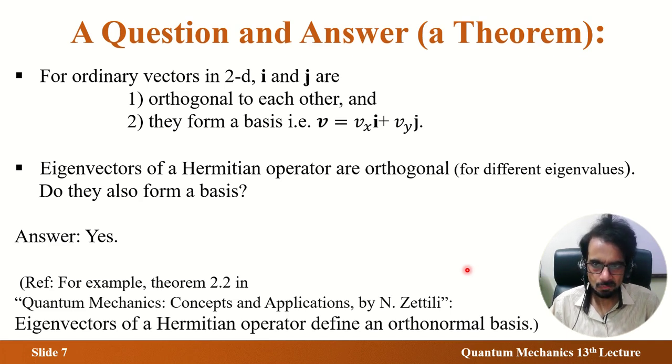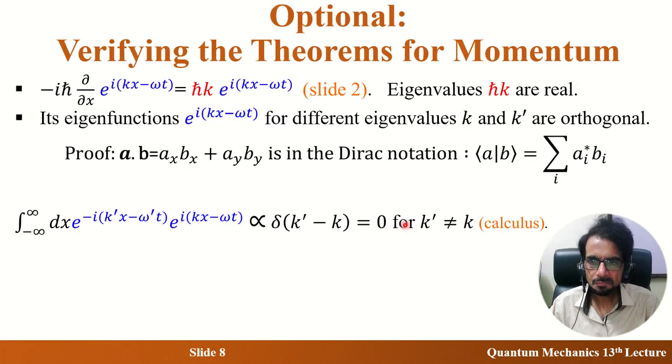Now I have only one slide remaining before the conclusion, and in that slide I apply the three theorems taught in this lecture to momentum, so that the theorems become somewhat familiar to you and you can see their application as well. Application to momentum.